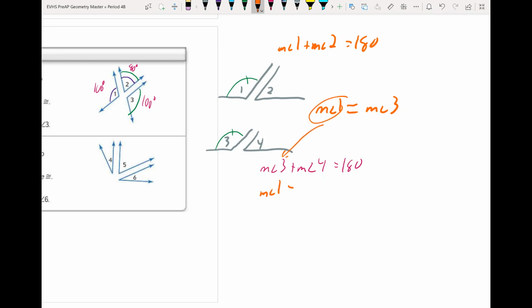So the measure of angle 1 plus the measure of angle 4 equals 180 degrees. And now, since the measure of angle 1 is in both of these, we can conclude that angle 2 and angle 4 must be congruent.